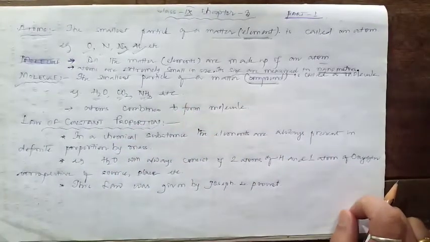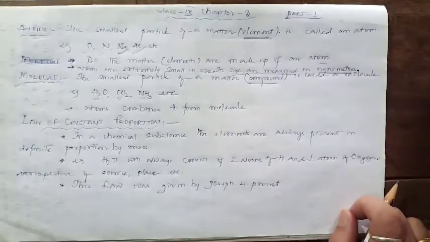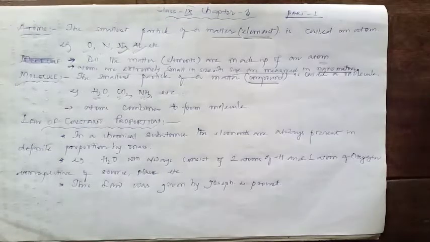Think of a glass of water. If we could look into the glass of water, we could see an infinite number of particles. Now what are those particles? The water particles, the molecules.